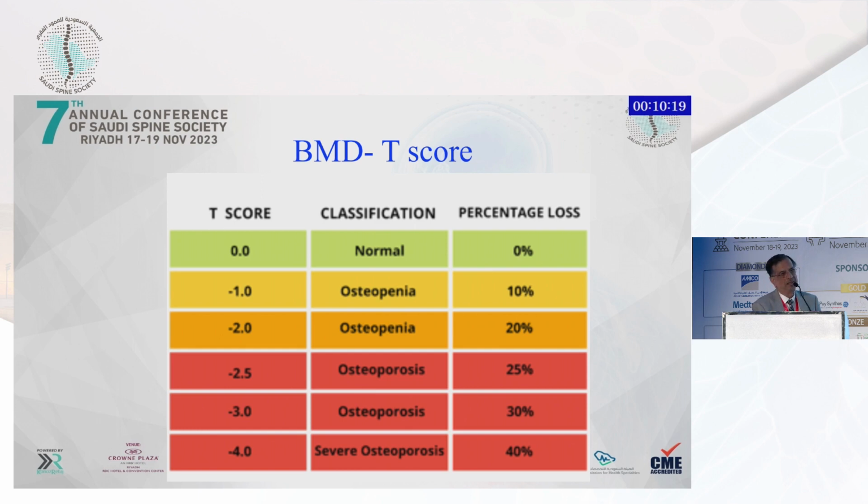These are the various T-scores, depending on minus standard deviation. So whenever it is less than minus 2.5, we say osteoporosis. And then in some cases, minus 3 standard deviations, we call severe osteoporosis.